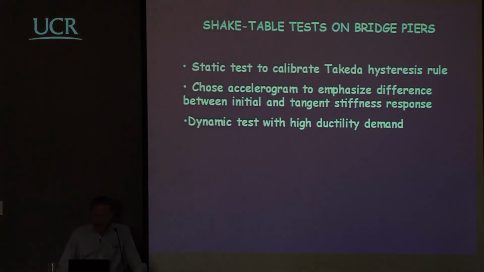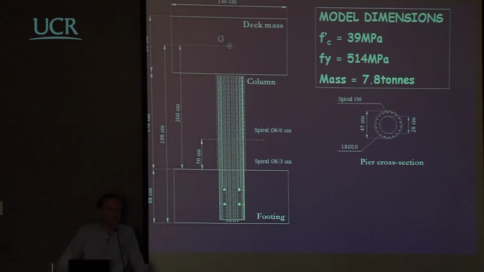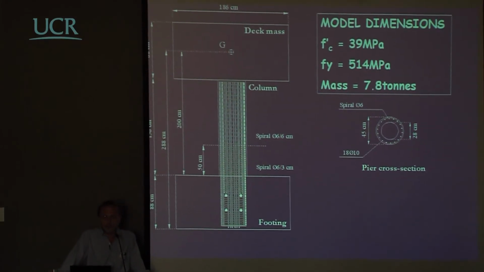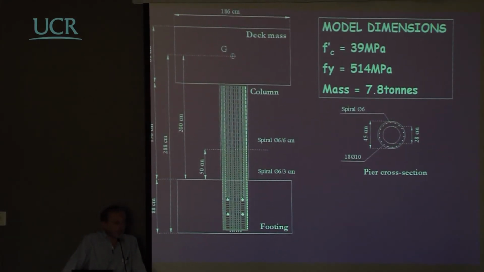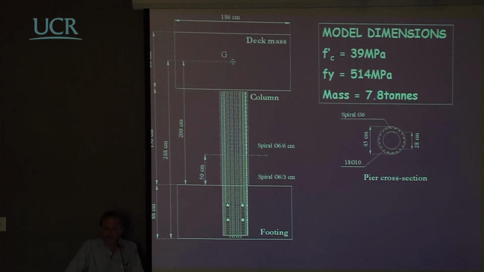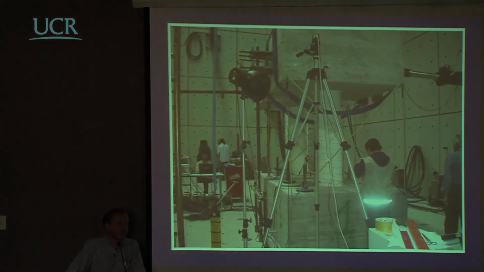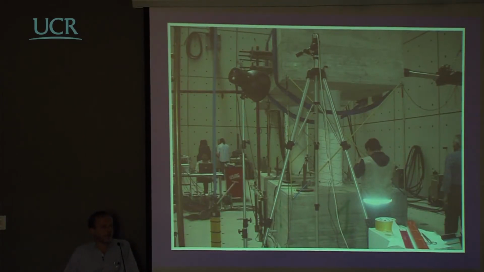So now imagine taking a very simple structure, a real bridge column in the laboratory, designing it carefully, and after you have designed it carefully, putting it in the lab and testing it statically with an appropriate vertical load and with some horizontal cyclic loading.